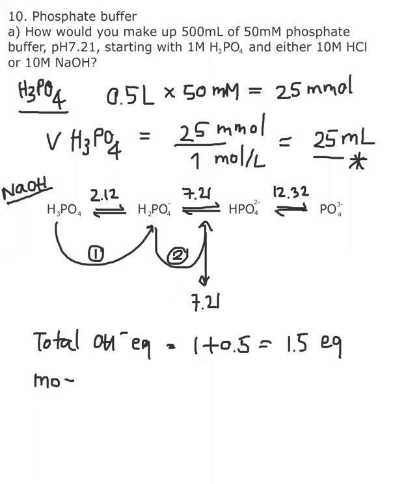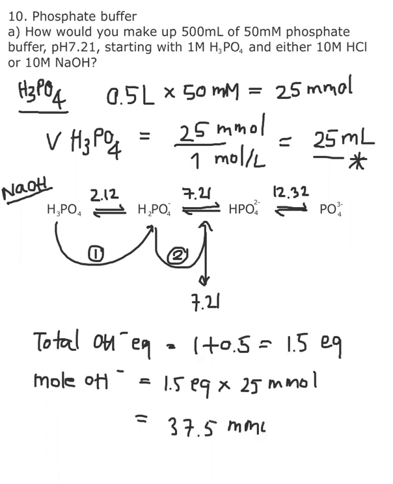The moles of hydroxide ion equal the equivalents times the moles of the phosphate buffer, which is 25 millimoles. You get 37.5 millimoles of the base.